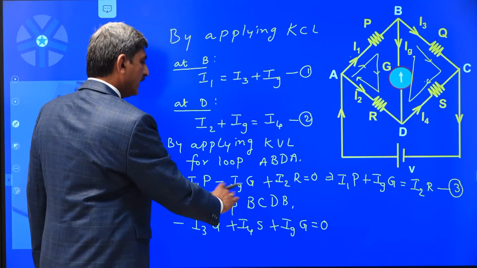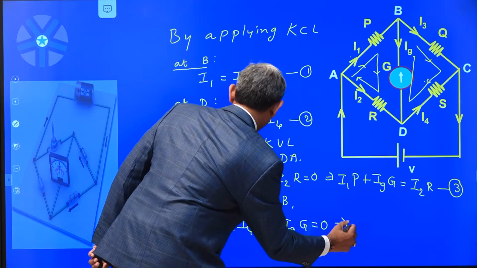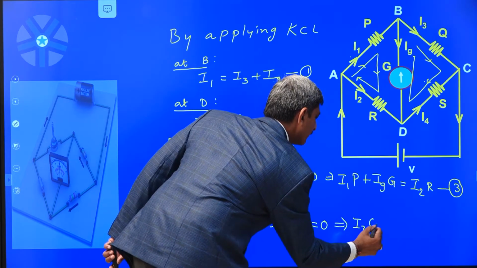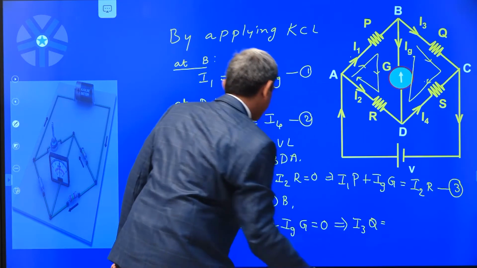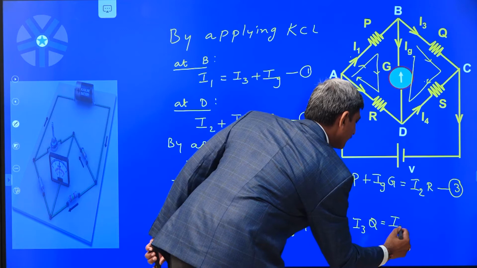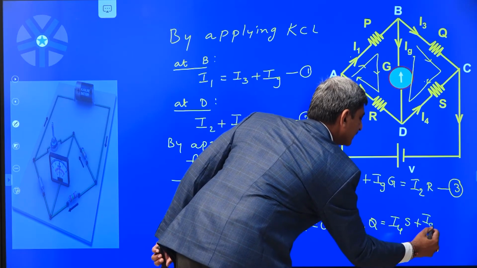Here also, by rearranging the terms, we have I3Q is equal to I4S plus IgG.